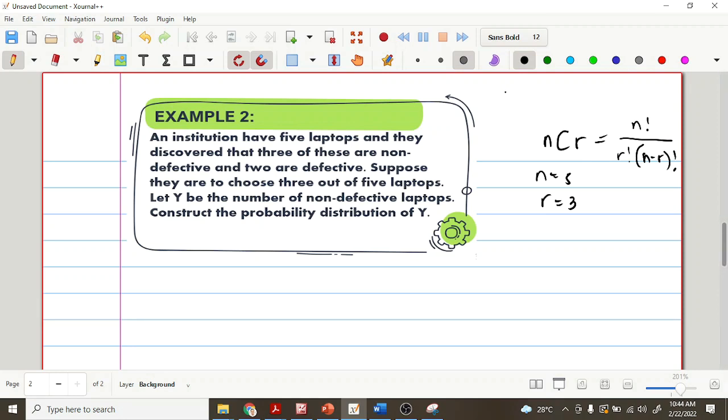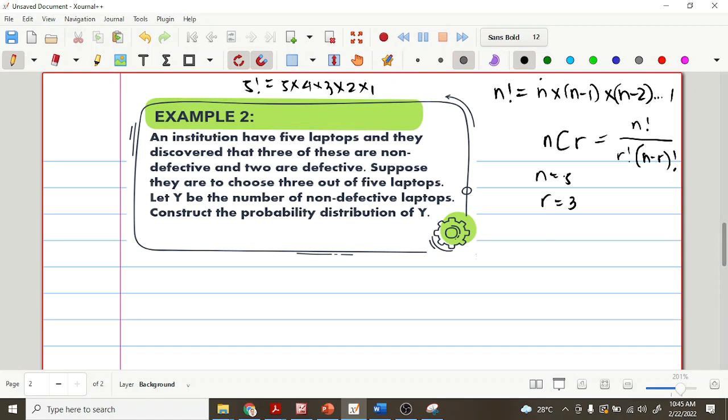Ang kanyang formula ay n factorial is equal to n times n minus 1 times n minus 2 hanggang ang ma-reach niya ay 1. So example of that, we have 5 factorial is 5 times 4 times 3 times 2 times 1.